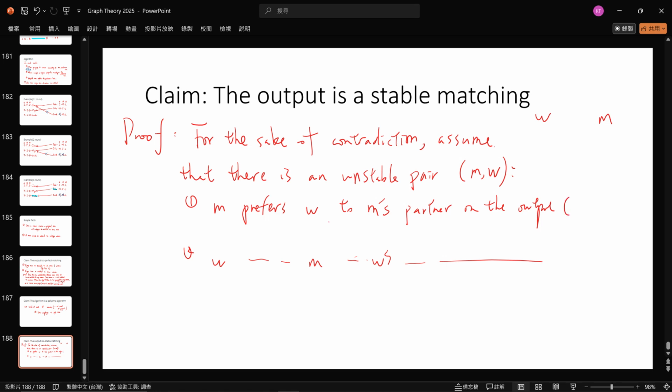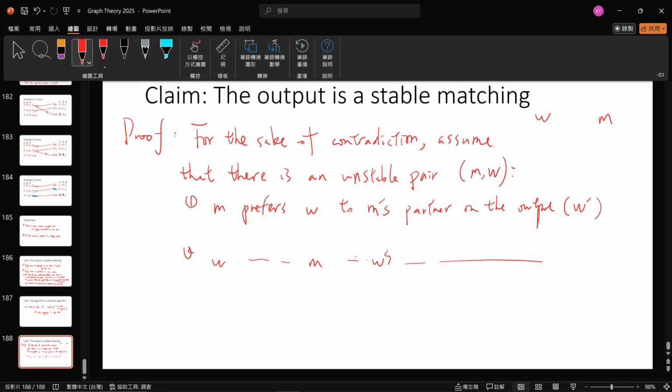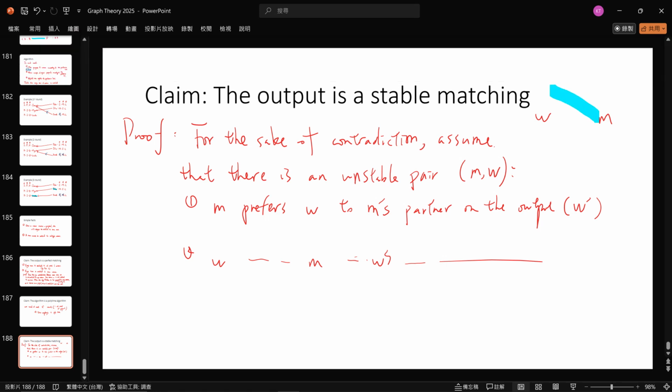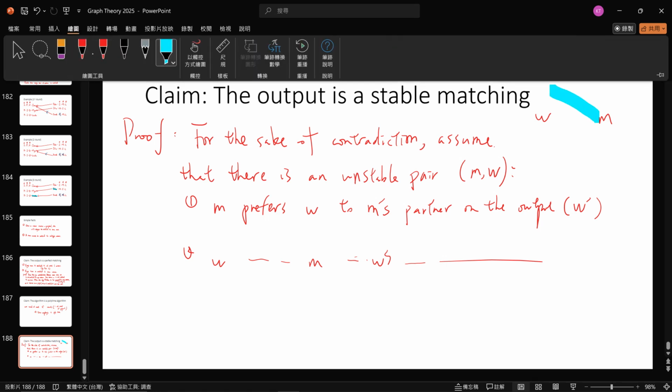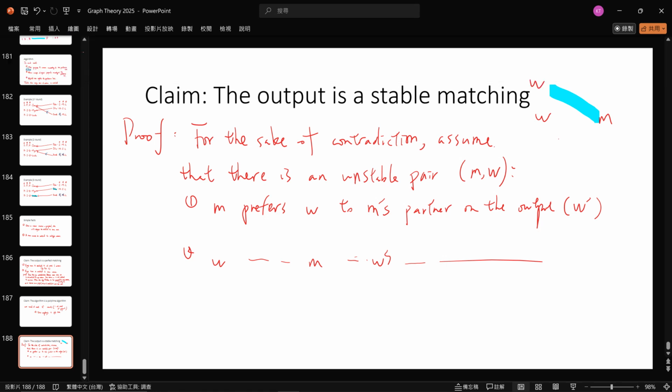And let's assume that in the output, M is matched to W prime. And from M's point of view, W is better than W prime.